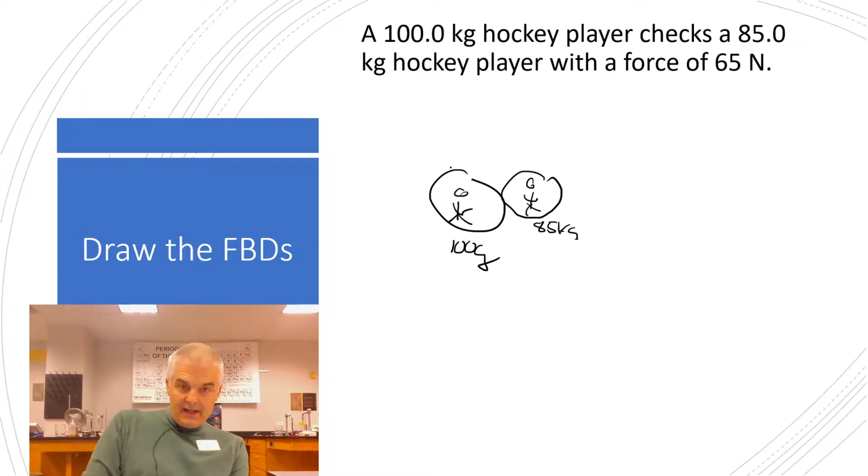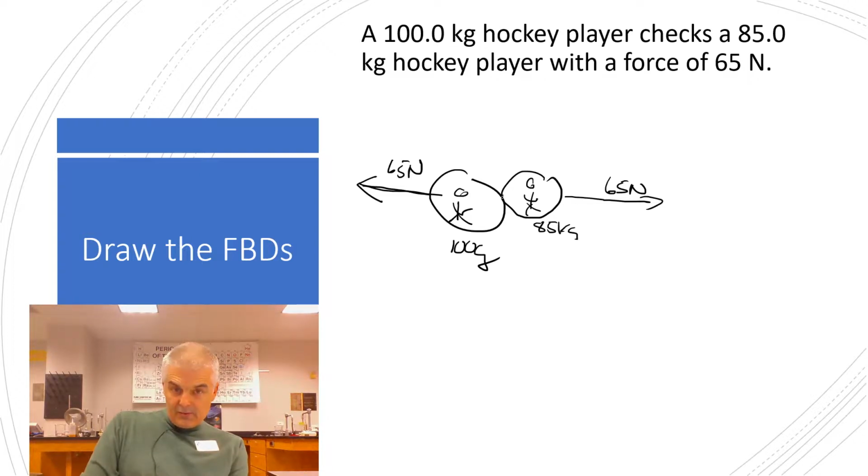Remember we talked about force body diagrams, you always draw away from the guy. So this is 65 newtons on the big guy, and there's also going to be 65 newtons on the small guy. So these lines should be equal in length and they're opposite.